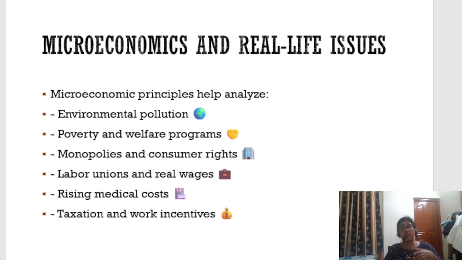This portion explains in which areas we can apply microeconomics, and how to address some major social and economic issues with the help of microeconomic principles. We can find a lot of real life issues that can be solved by the principles or concepts of microeconomics.